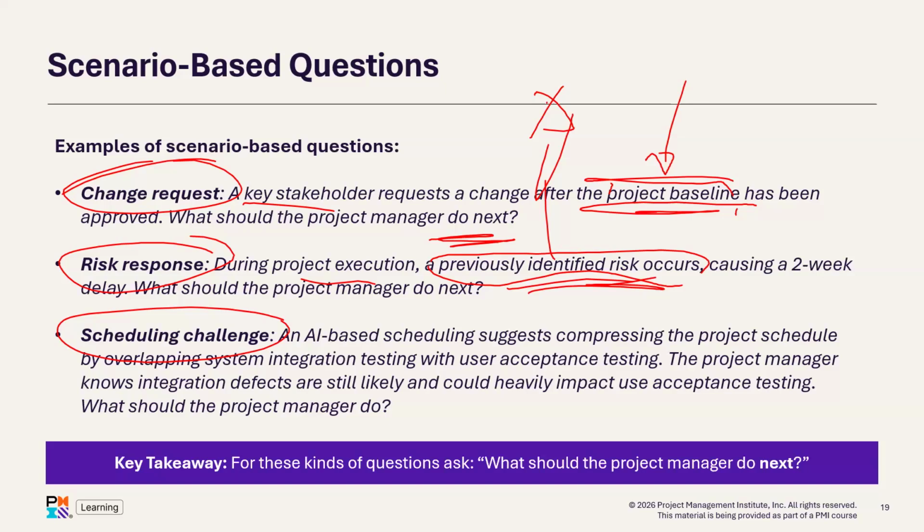For these kinds of questions, normally it ends with, what should the project manager do next? What should the project manager do first? What should the project manager do? Always have a mindset of managing a multi-million-dollar project, so then you can put things in a proper perspective.